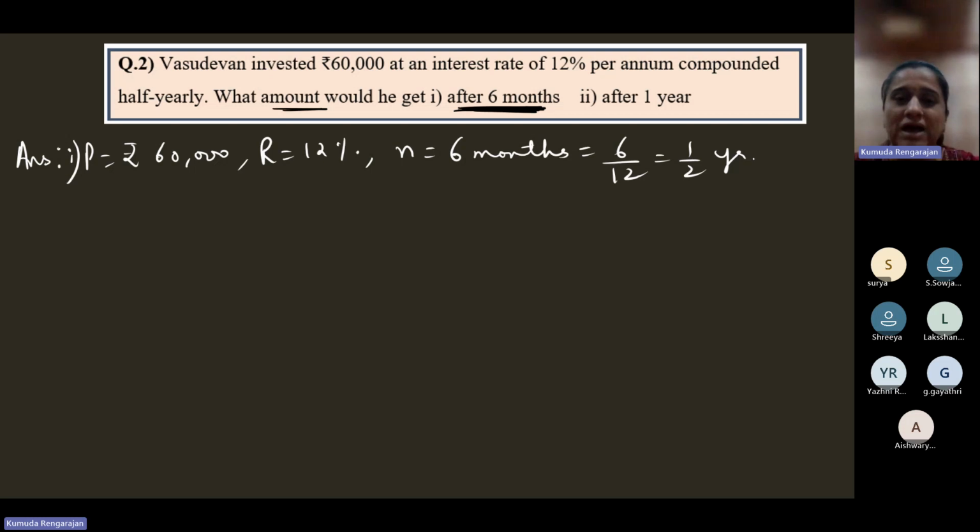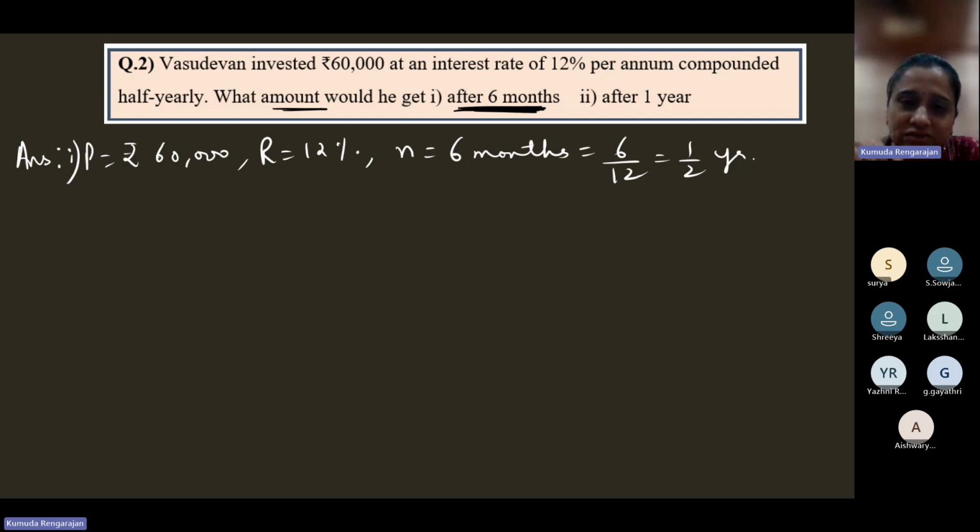So if he visits the bank after 6 months, if interest is given yearly, if interest is compounded per annum, in that case, he'll only see 60,000 in his account. He will see only 60,000.